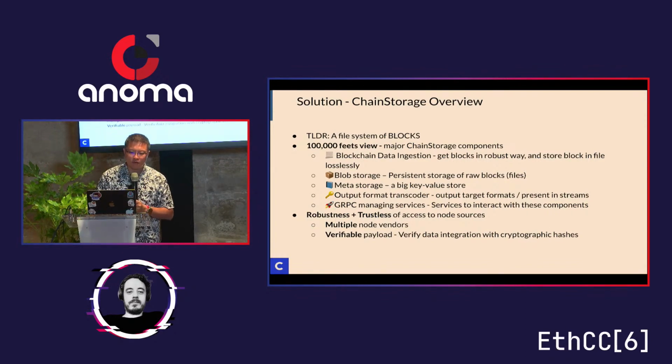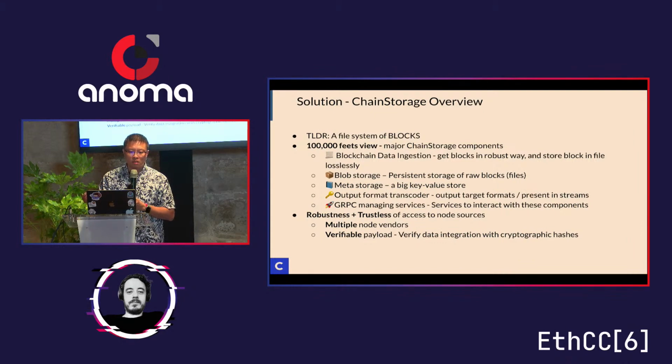And we also have an output format transcoder that will convert the block or range of blocks into a target format, JSON, Parquet, some examples, including Rosetta as well. And each of these components exposes manageability endpoints in a gRPC service, so you can interact with each of these systems and understand how it runs. So you can manage that over there.